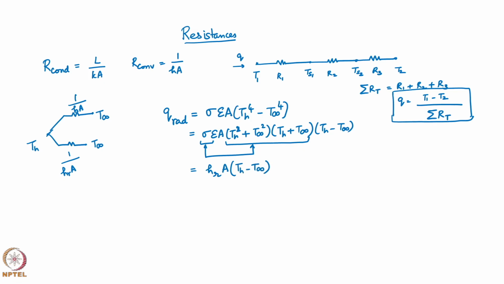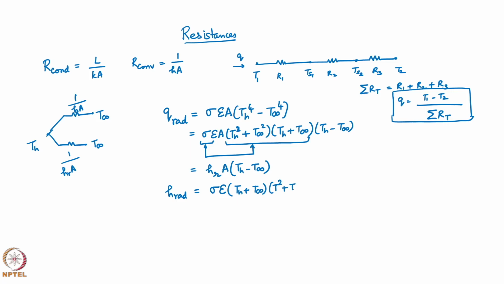Where h radiation is not a constant. Unlike convective heat transfer coefficient for a given problem, it is not a constant, it is a combination of the temperature of the hot surface and the surrounding surface.